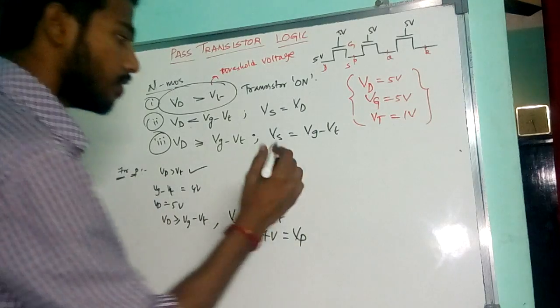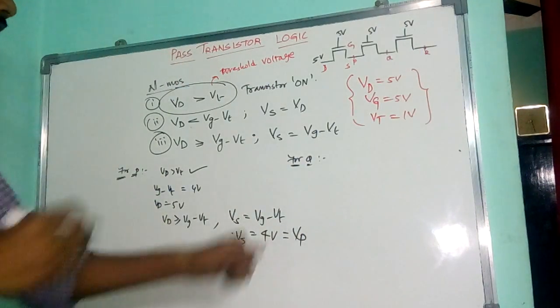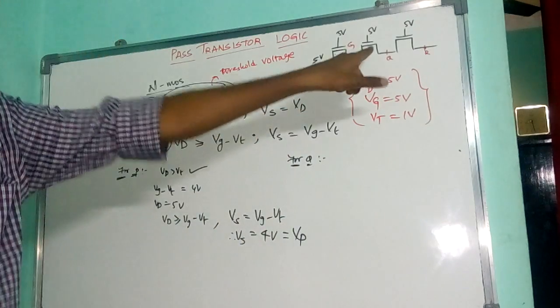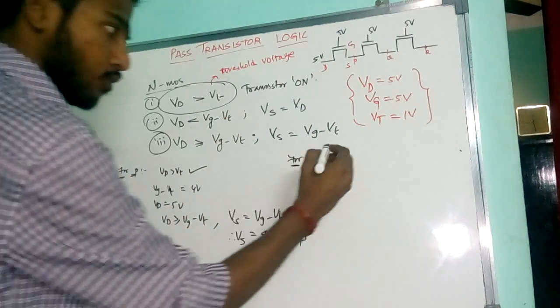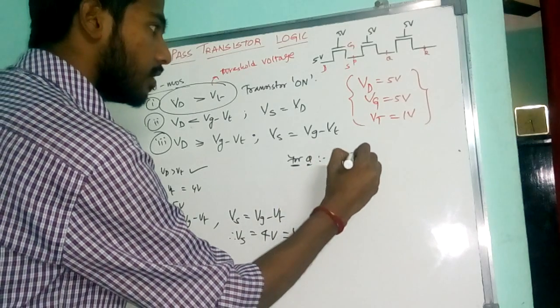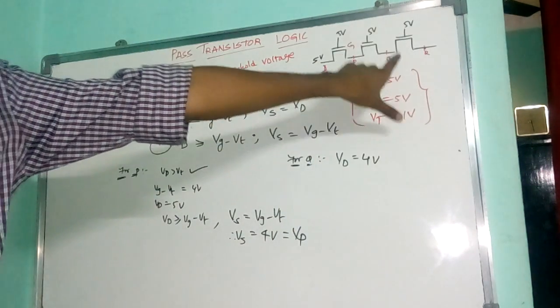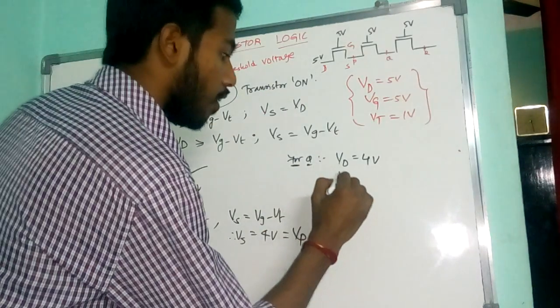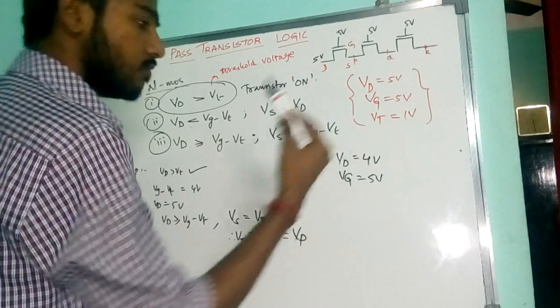Now for Q, the output of the first transistor acts as input to the second transistor. So for the second transistor, what is my Vd? It is 4 volt, the same voltage. Now my Vg is 5 volt, my Vt is 1 volt.